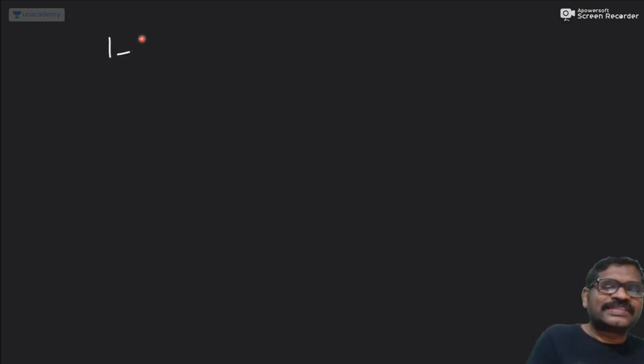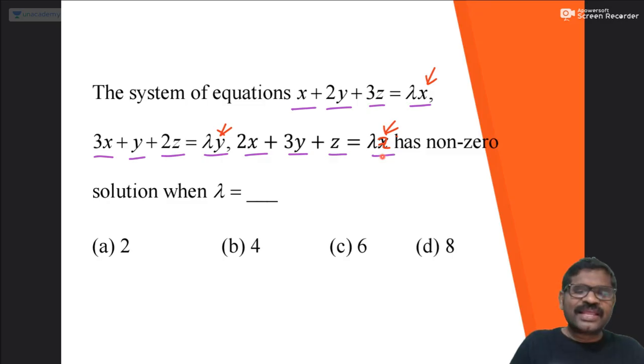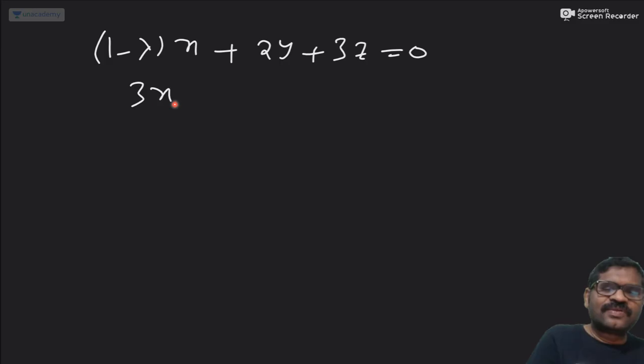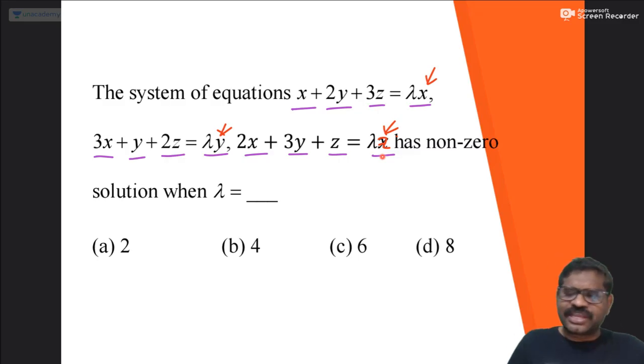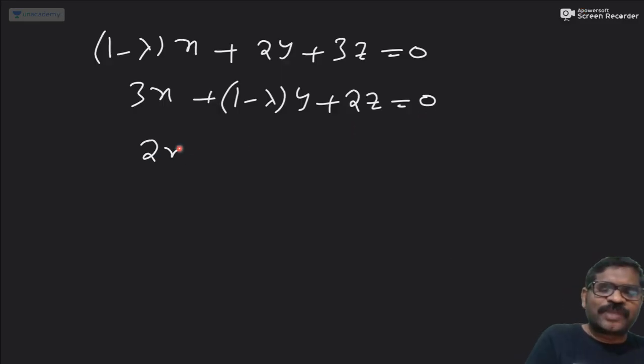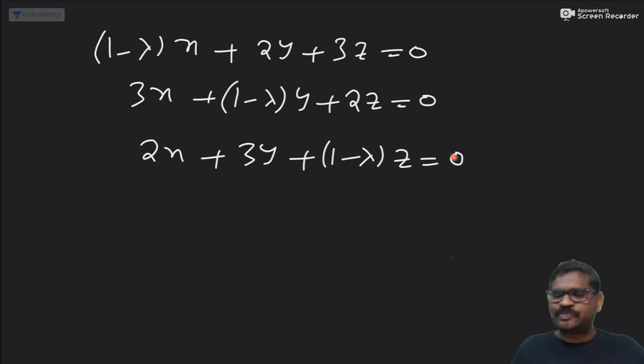(1 minus lambda) x plus 2y plus 3z equal to 0. That is your first equation. 3x plus (1 minus lambda) y plus 2z equal to 0. Third equation is 2x plus 3y plus (1 minus lambda) z equal to 0.